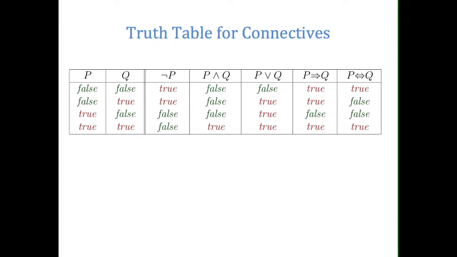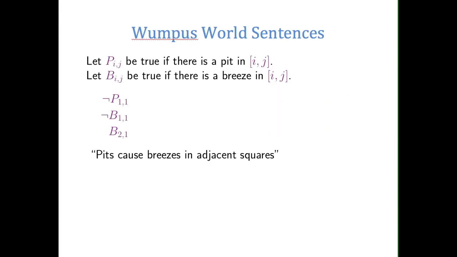All right, so let's try applying these kinds of ideas in the context of the Wumpus world. So here's some things we can represent. For instance, let's say that P of ij, which stands for pit, is true if there's a pit in ij. And let's let B of ij be true if there's a breeze in square i, j.